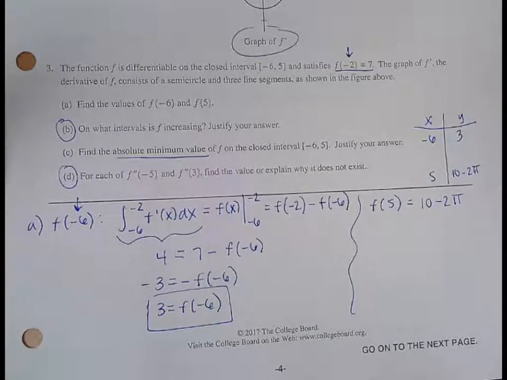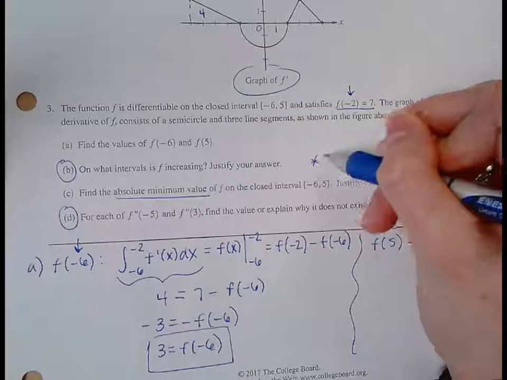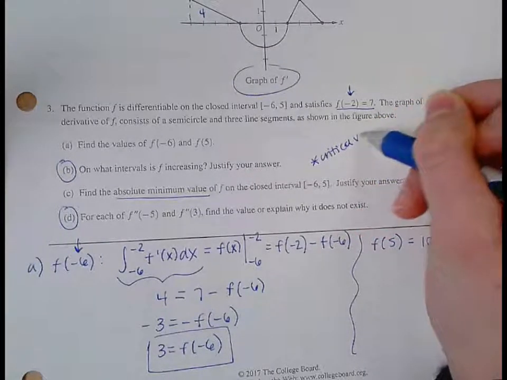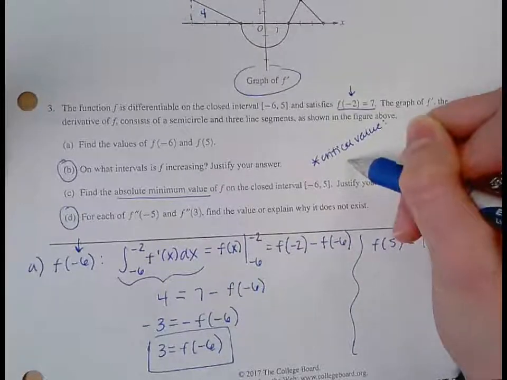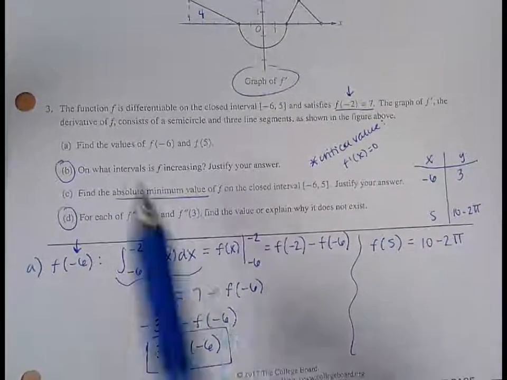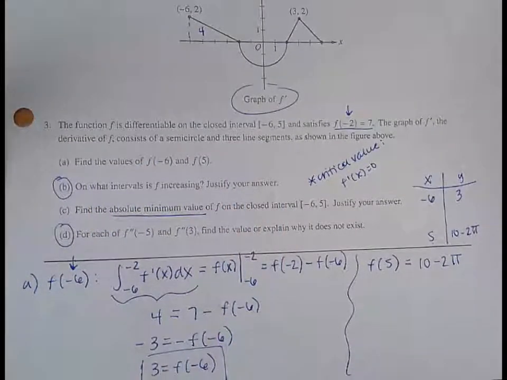But then an absolute minimum could also occur at a critical value. What is a critical value? A critical value is when f prime is 0 or undefined, but we're already told in the problem that f is differentiable on -6 to 5, so the derivative exists everywhere on -6 to 5.